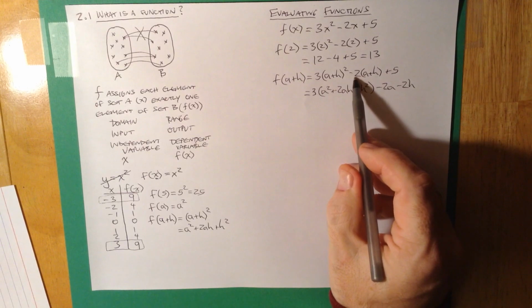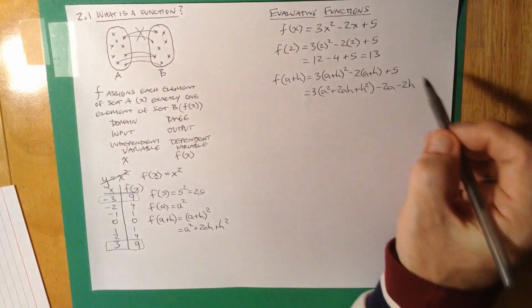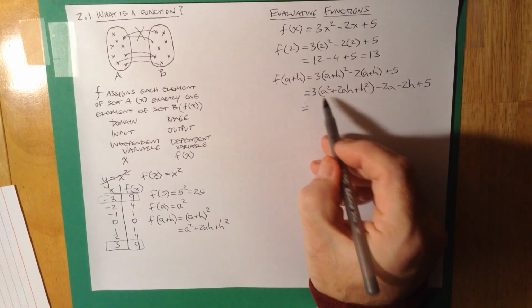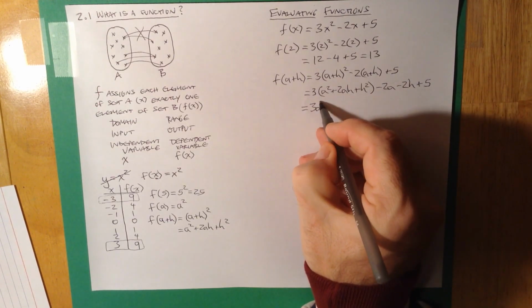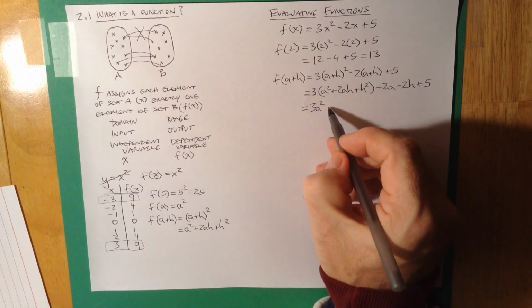Catch that? The minus 2 times a minus 2 times h. Make sure you have minus on both of those. Plus 5. Now if we simplify this, we're going to get 3a squared. By simplifying, we have to distribute first and then collect like terms. So we'll distribute.